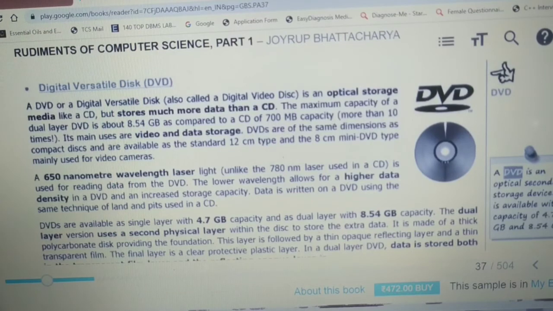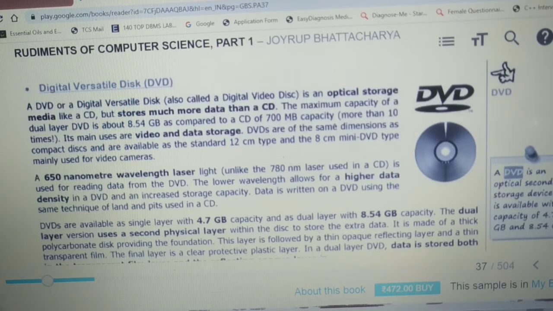The maximum capacity of a dual layer DVD is about 8.54 GB as compared to the CD's 700 MB capacity. Its main uses are video and data storage. The dimensions are the same as a compact disc, that is the standard 12 centimeter type, and an 8 centimeter mini DVD is also available.